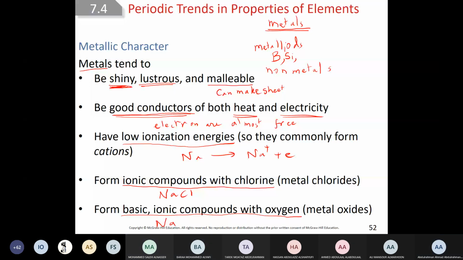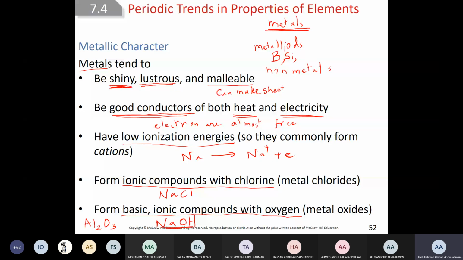Aluminum oxide. Aluminum oxide, Al2O3. But also Na2O. Good example. It also makes basic compounds like NaOH with oxygen.